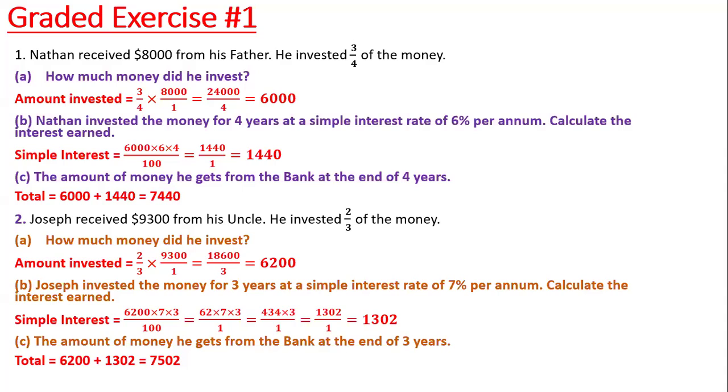I just multiply everything, but I get 1,302.00. But I know where to place my decimal point. I got you. So I never really have to drop the zeros. No, you don't have to.